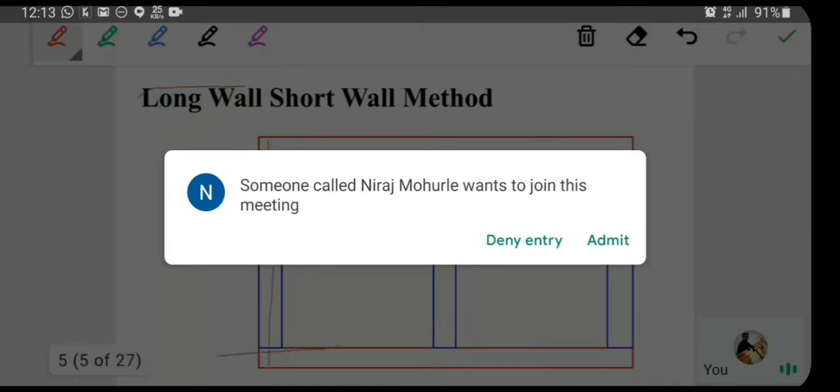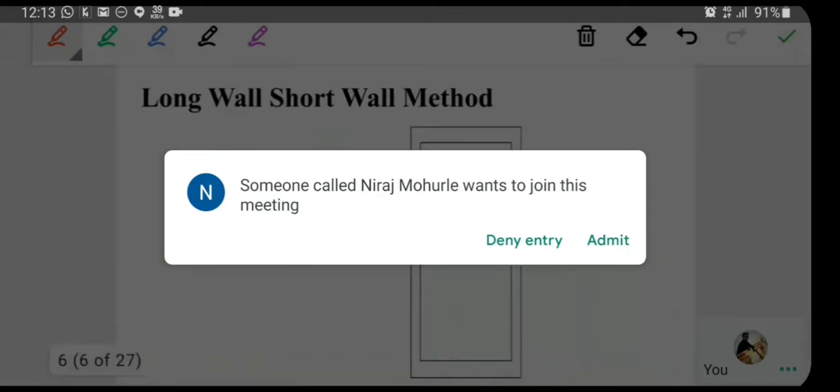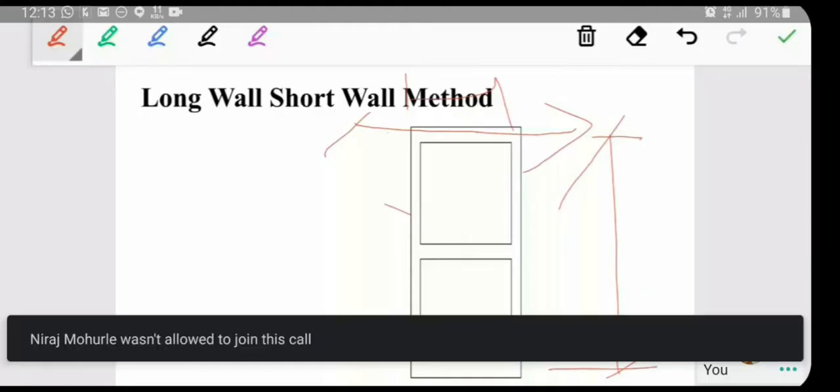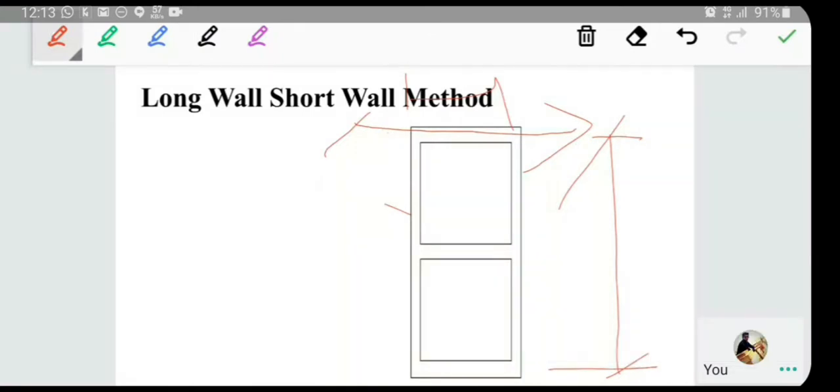If the particular wall is short then we are going to call it the short wall. This is not the concept. Remember that even if the wall is horizontal and its length is shorter than the length of the vertical wall, we are still going to consider that wall as a long wall.